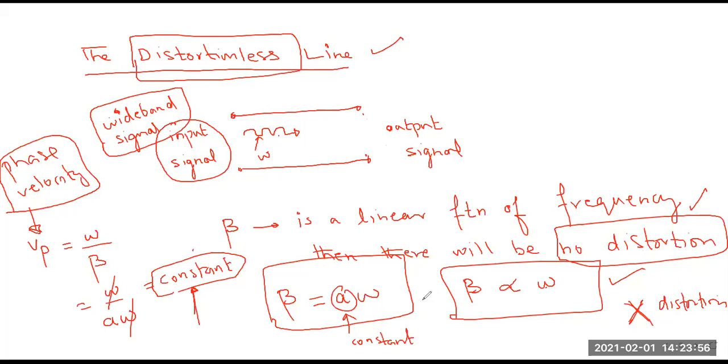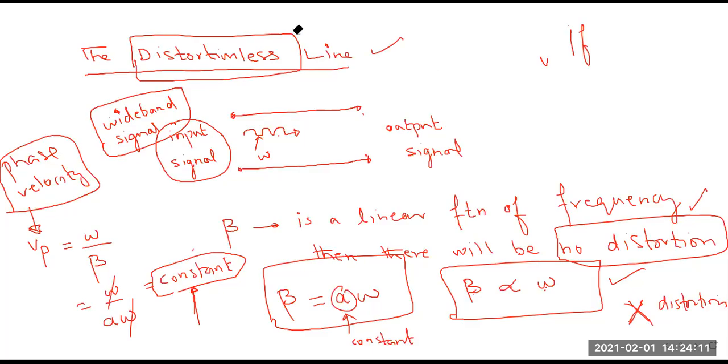But when beta is not a linear function of omega, let's assume that beta is equal to some constant times omega squared.